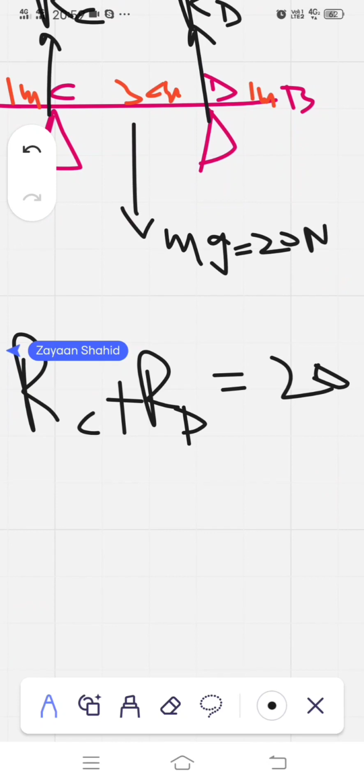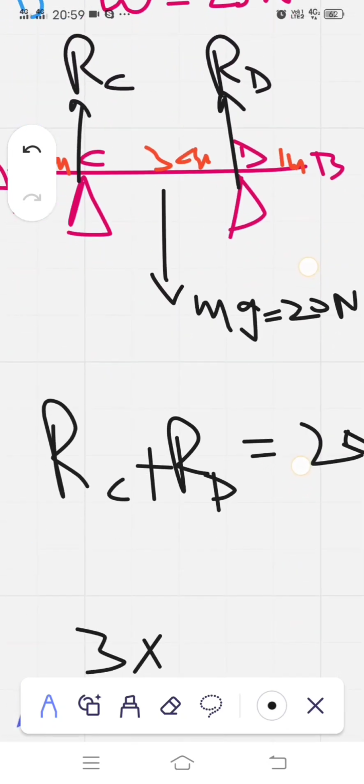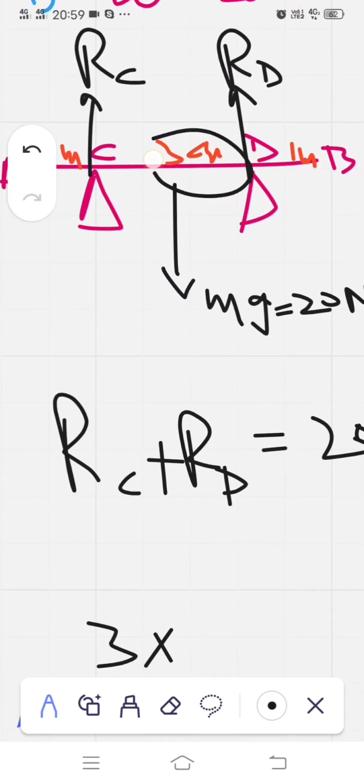This is the vertical resolution. Now when we take the moments about C, the distance is 3 multiplied by RC. Sorry, 5 is the total length, so 3 is this length here.